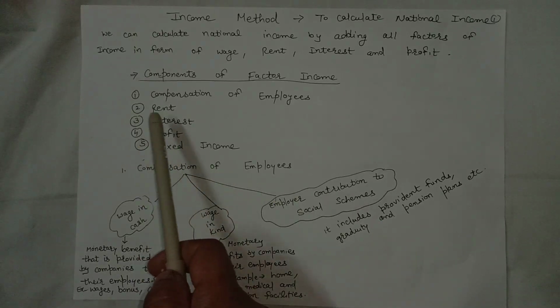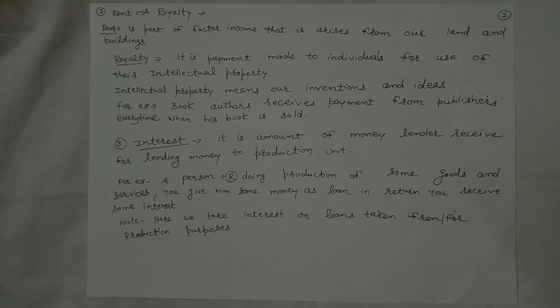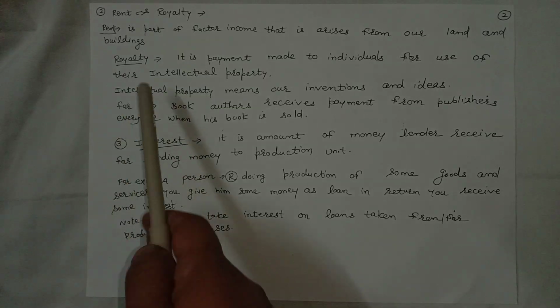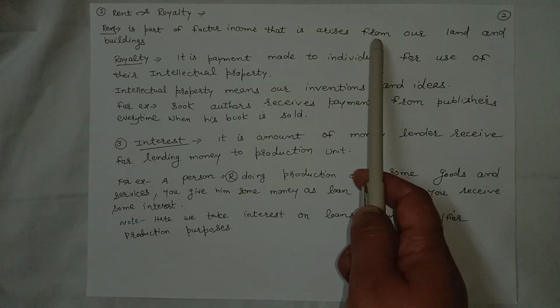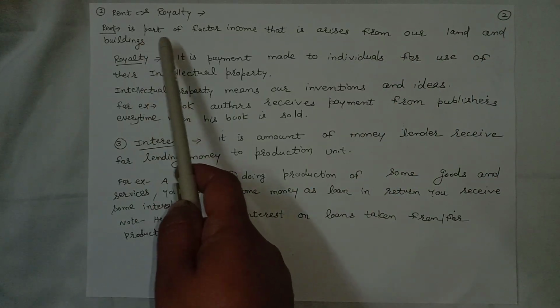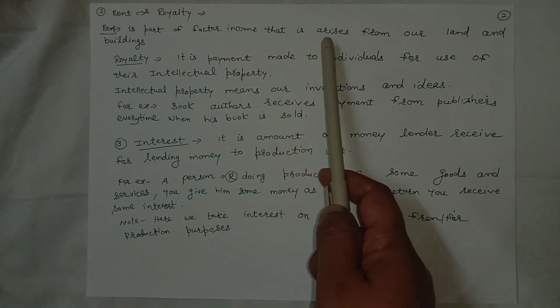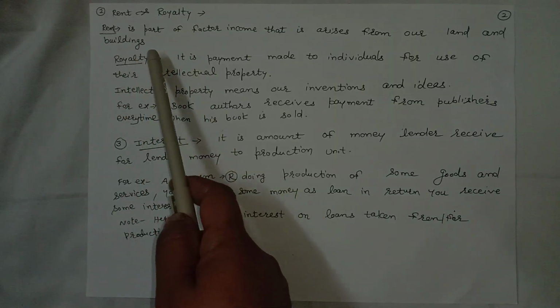Now I will explain the second, that is rent and royalty. Rent is the part of factor income that arises from land and buildings.